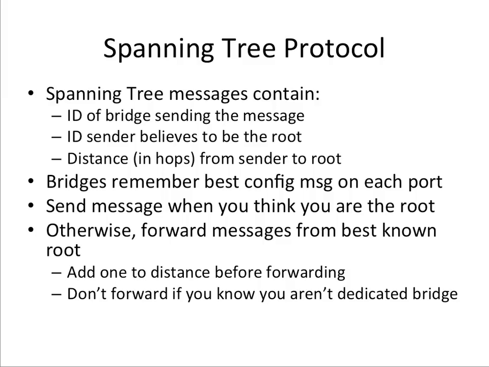Based on that, they can decide which bridge is closer, and say, okay, this bridge will get me to the root with the least number of hops. I'm going to compute my distance and advertise that. All right, so that's the high-level overview of this algorithm.